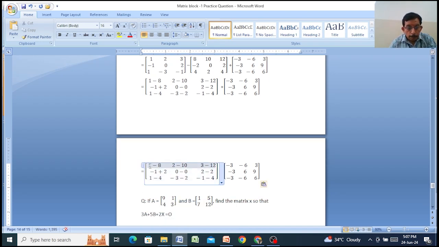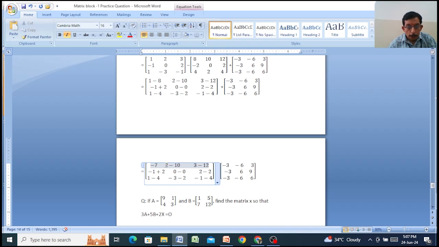So 1 minus 8, first we solve this value. 1 minus 8 is equal to minus 7. 2 minus 10 is minus 8. 3 minus 12 is minus 9. Minus 1 plus 2 is plus 1. 0 minus 0 is 0. 2 minus 2 is 0. 1 minus 4 is minus 3. Minus 3 minus 2 is minus 5. Minus 1 minus 4 is minus 5.